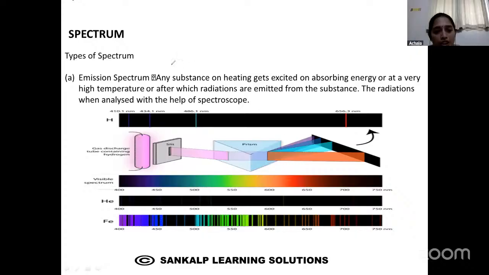What are the types of spectrum? Emission spectrum. What is emission spectrum? See here, let us consider one analogy. Now a common person is becoming president. So he is elected to president.